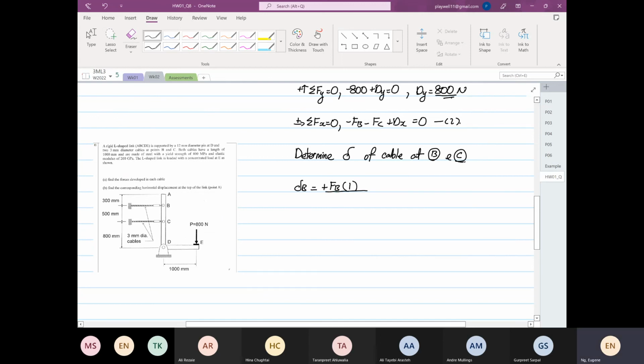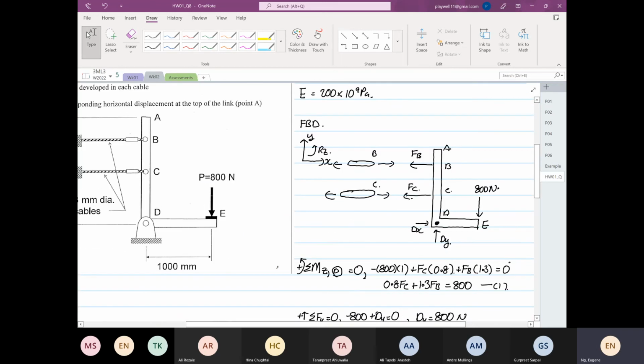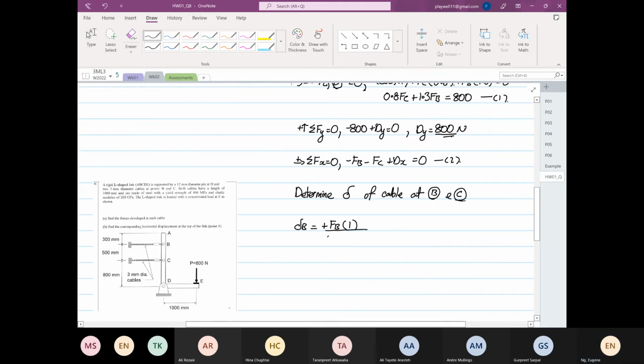The cross-sectional area which we have calculated, which is up here, is 7.069. Okay, FL over AE, the Young's modulus is 200. So you calculate this.